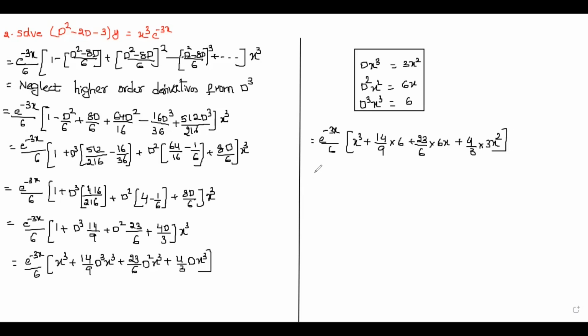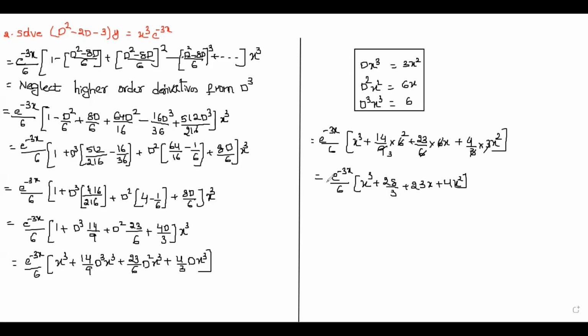So the terms cancel each other. Here 6 gets cancelled, 3 gets cancelled, and here it will be 2 by 3. So e power minus 3x by 6 into x cube plus 28 by 3 plus 23x plus 4x square.